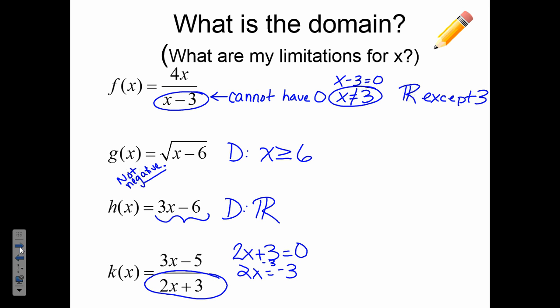Solve, minus 3, x equals negative 3 halves, which is the same thing as negative 1.5. So I need to say x cannot equal negative 3 halves. So the domain is all reals except x cannot equal negative 3 halves.